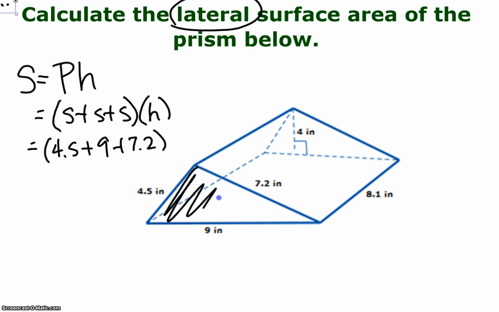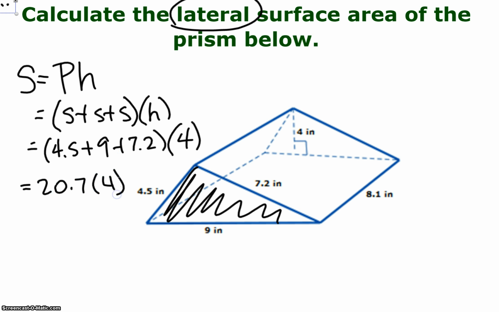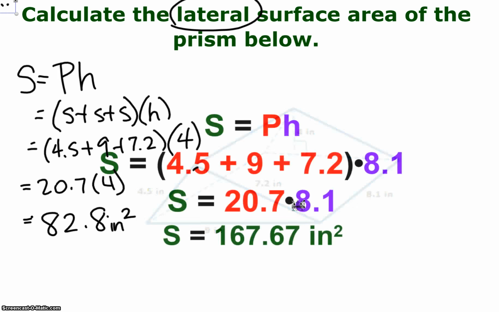Notice the base is the triangle, because if it was standing up on its edge, that would be what was touching the ground. Times the height, which is 4. So 4.5 plus 9 is 13.5. 13.5 plus 7.2 is 20.7, times 4. Your answer should be 82.8 inches squared.